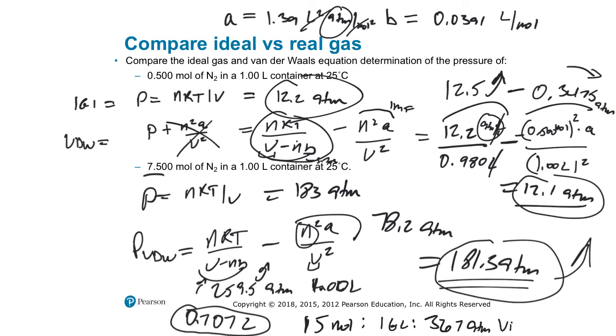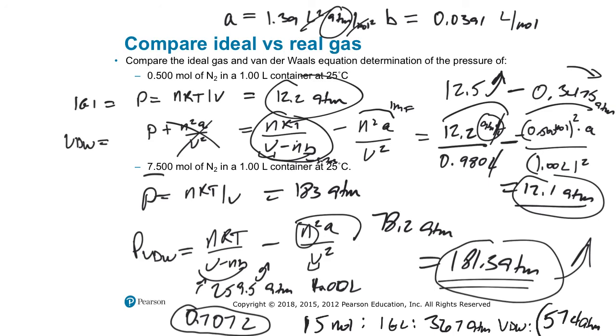And if I work in the van der Waals equation for a better approximation of the pressure of that container, I do 15 times 0.08206 times 298, then I divide by the quantity 1 minus 15 times 0.0391. That's over 800 ATM, and then I subtract 15 squared times 1.39 for the a value, divide by a liter squared, which gives me a pressure of 574 ATM.